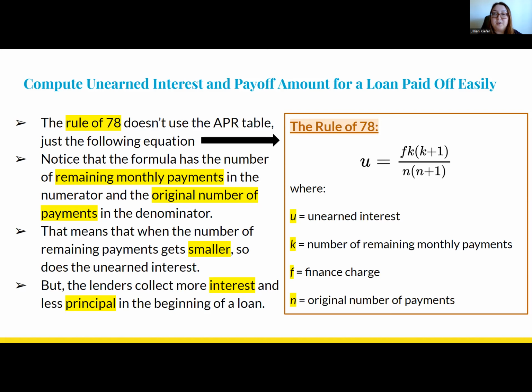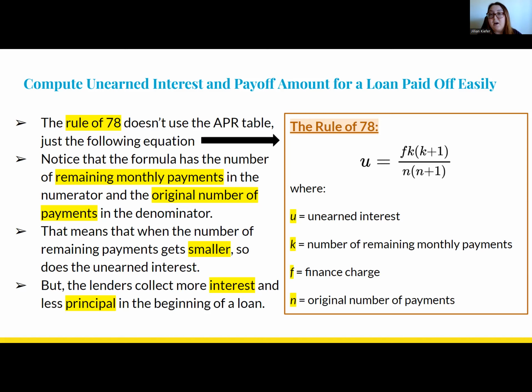You're paying more interest, less principal. As you get closer to the end, you end up paying more principal, less interest, because your principal has gone down so much, you're not gaining as much interest on it anymore.